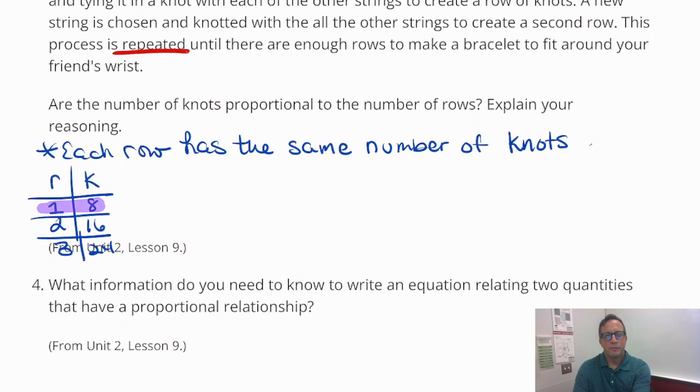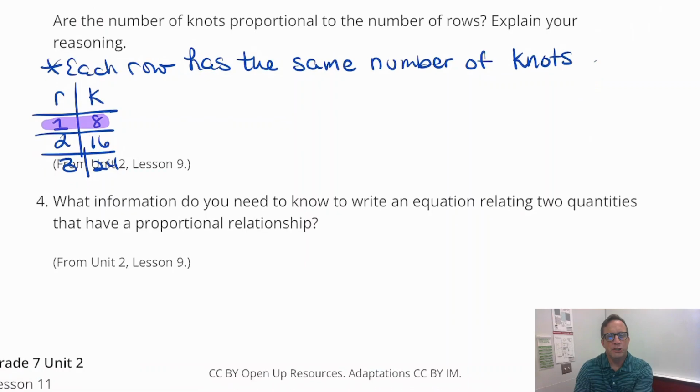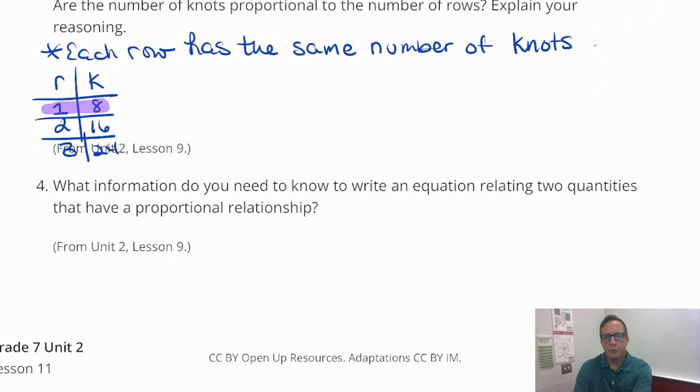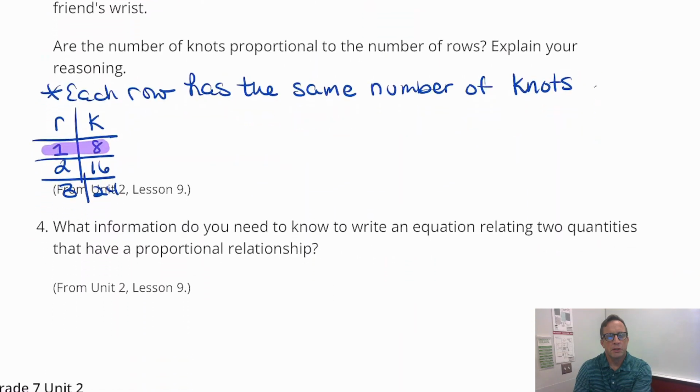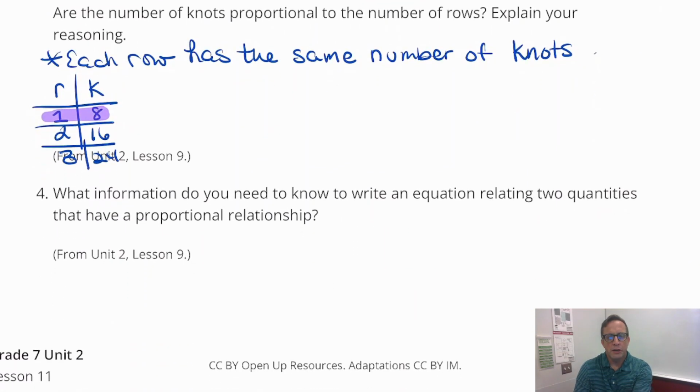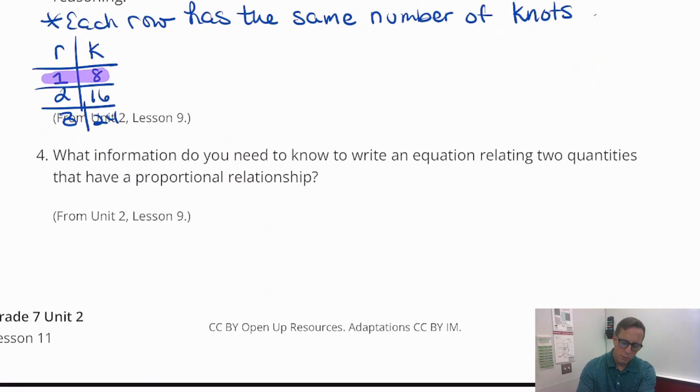All right. What information do you need to know to write an equation relating the two quantities that have a proportional relationship? Okay. Well, we need to know the constant of proportionality.